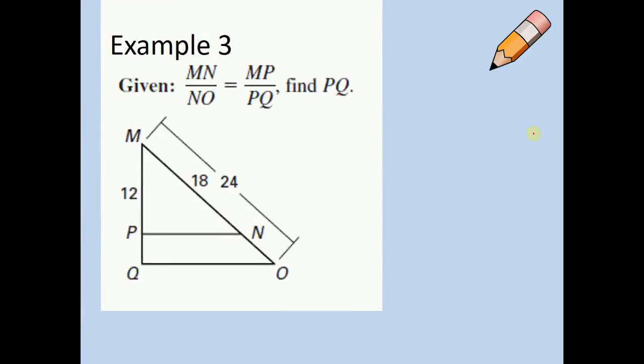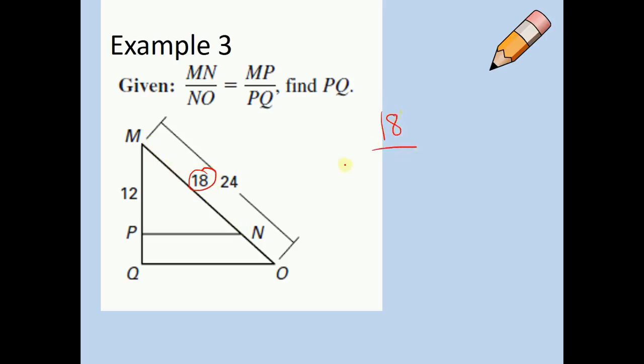Let's try another one. Not too bad on setups, but they do kind of look a little different. So we have MN over NO equals MP over PQ. So let's set up. MN is 18, right? M to N, yeah, that's 18.